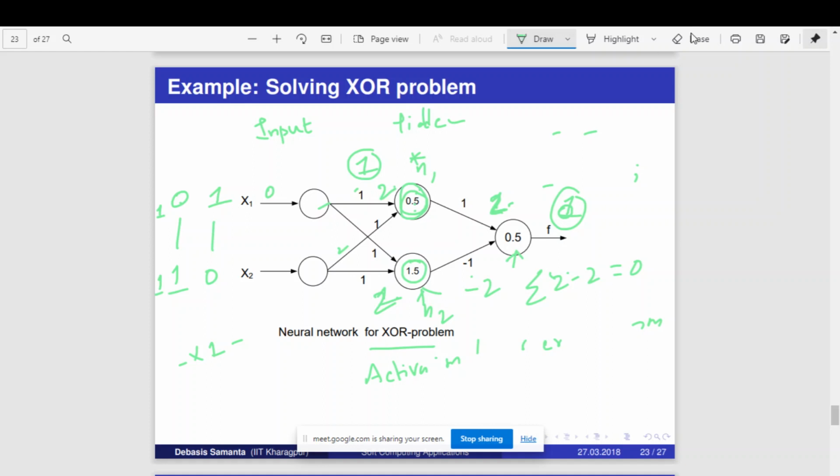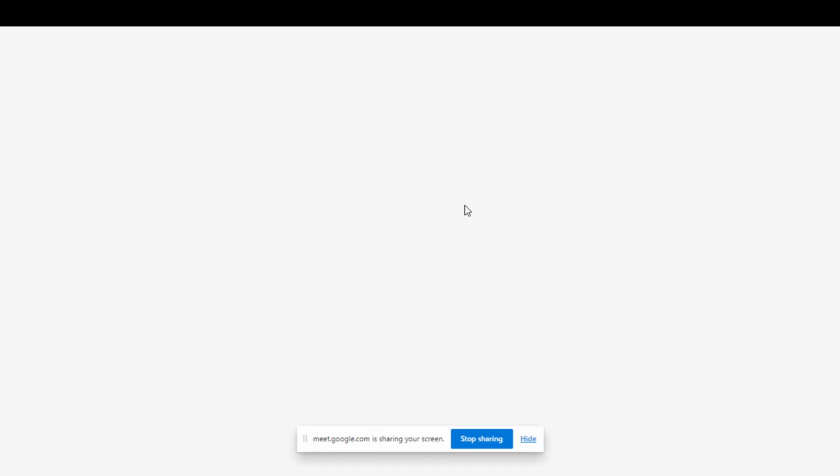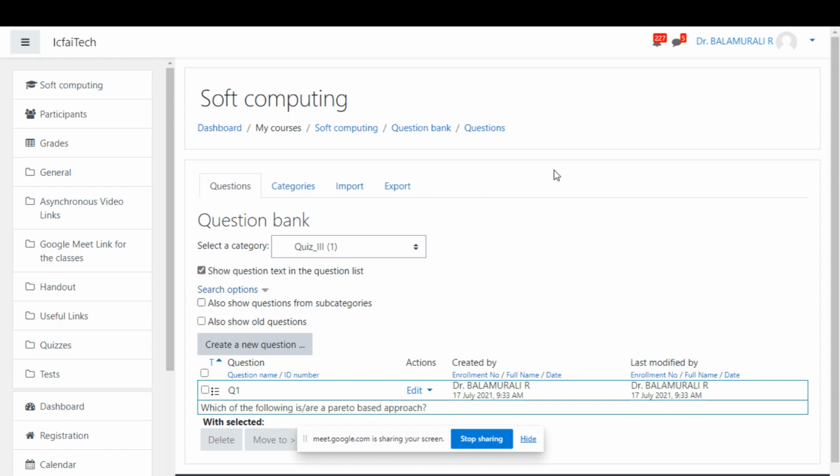So the idea we are discussing here is that we are using three layers, right? This is the input layer, a hidden layer and an output layer.